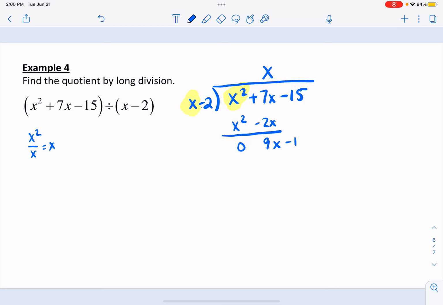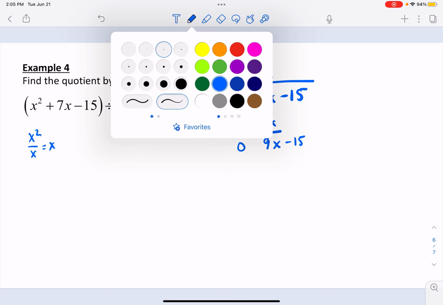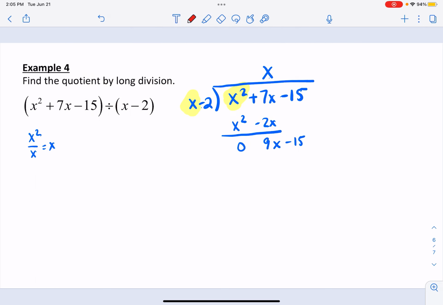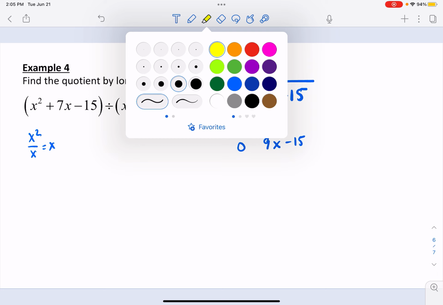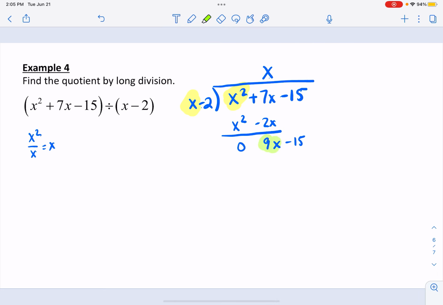And then you bring down the minus 15. Now take the 9x divided by the x.